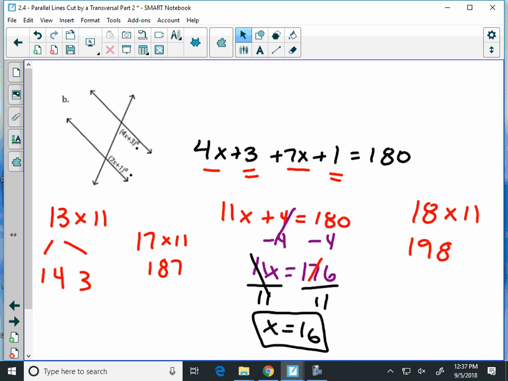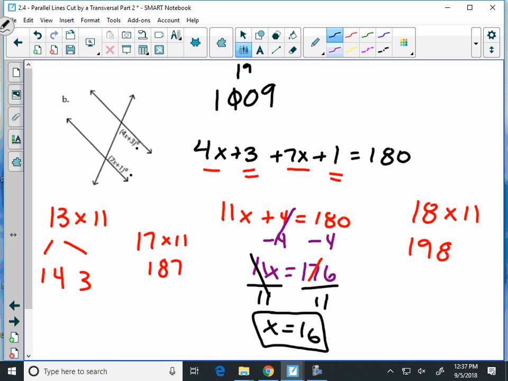I don't know if it works for every two-digit. I know it works from 11 to 18. Have to double check 19. 109? Yeah, that works, because 19, you multiply by 11, you break it up in half. Okay, I just had to double check that. It might work for 20. Not sure.